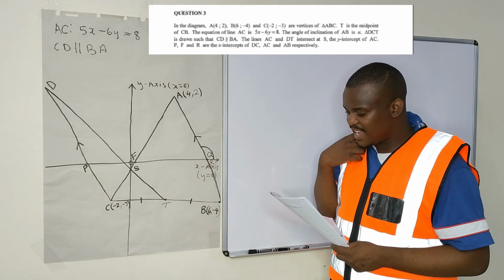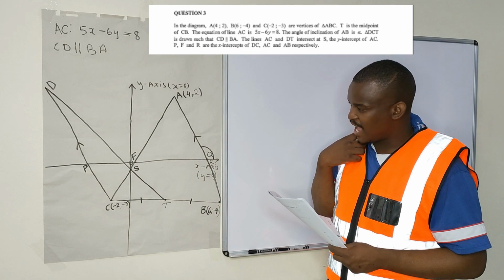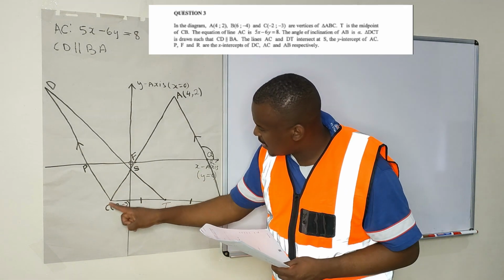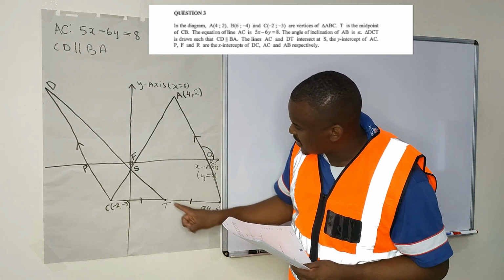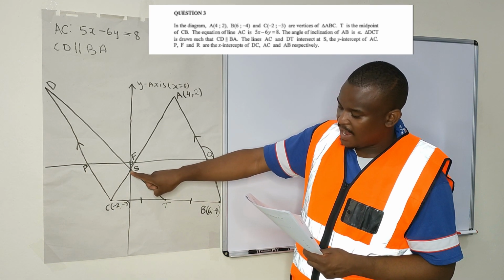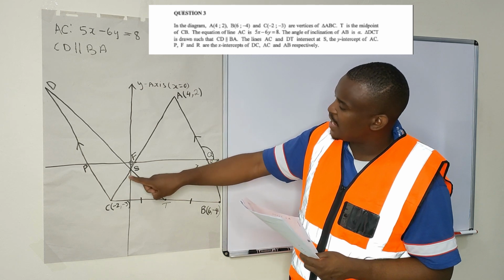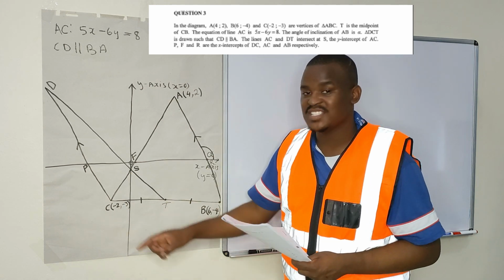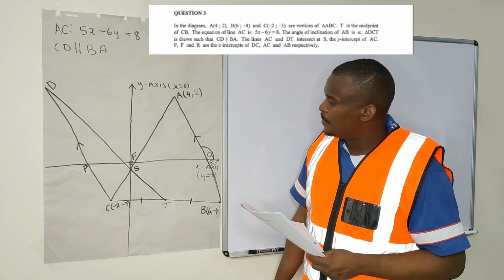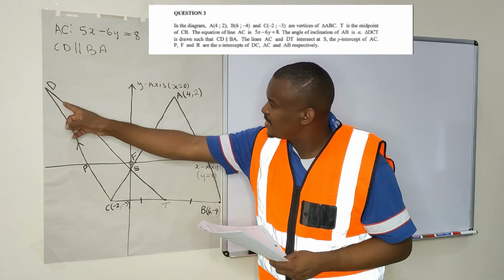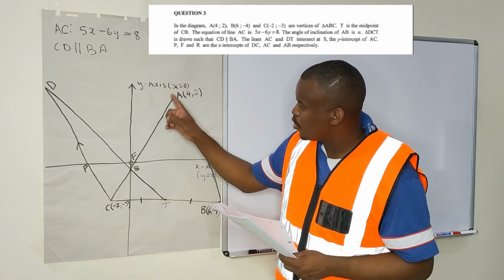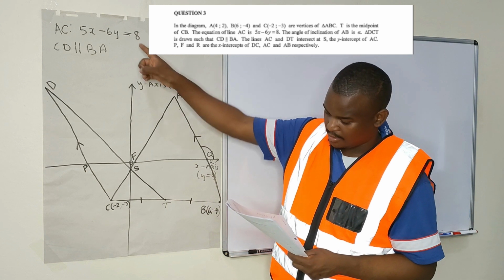The lines AC and DC intersect at S. So the line AC, which is the line here, and this line here, they intersect there at S. S is the y-intercept of AC. So they are saying the lines AD and AC intersect at S, which is the y-intercept of AC, the line there.